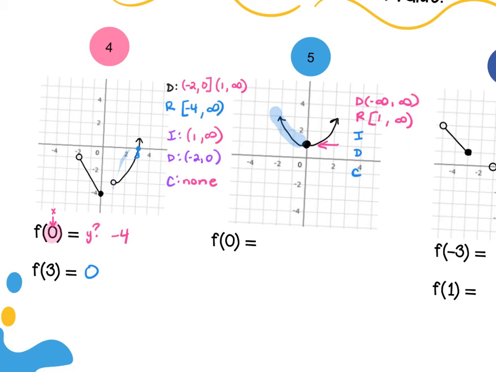From left to right, this first part is decreasing, so it's decreasing from negative infinity to the x value where it changes direction, which is 0. And then it goes up. So it's increasing from 0 to positive infinity. Again, no constant parts because there's no horizontal lines. And f of 0 means my x is 0. Here's the coordinate point. The y there is 1.